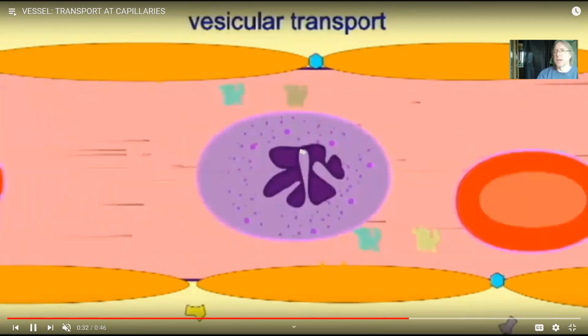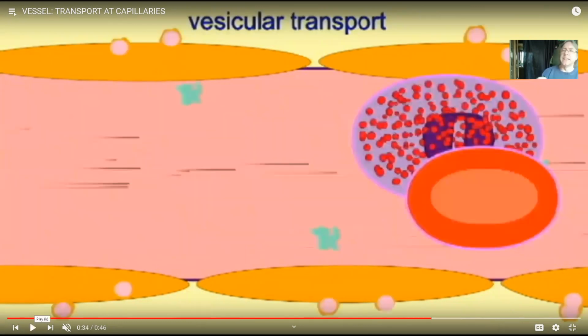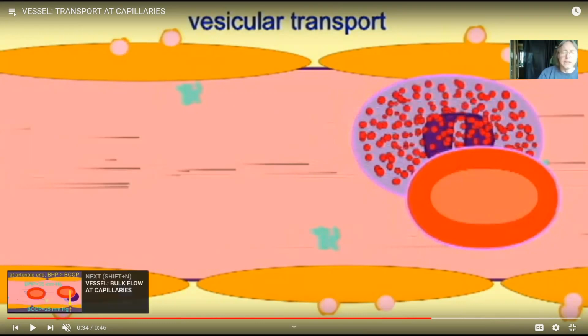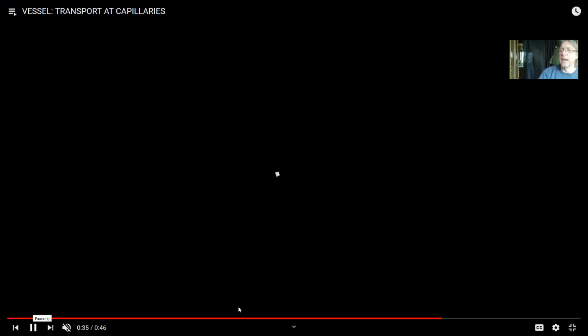And you may remember from Anatomy and Physiology 1 that there is a process known as phagocytosis, where cells can eat a solid object. They extend these little extensions from themselves, they engulf an object, they form a vesicle, and this then comes inside. Well, cells can do that with liquid as well. So just as phagocytosis is compared to cell eating, then pinocytosis can be compared to cell drinking.